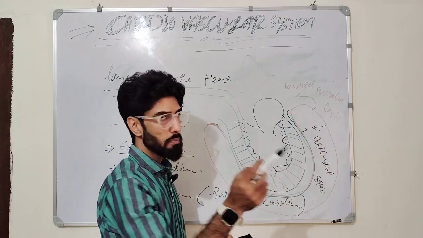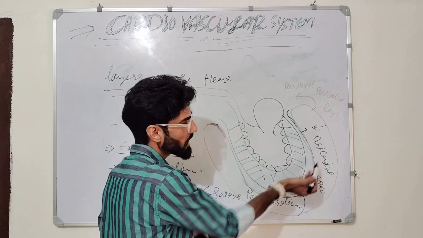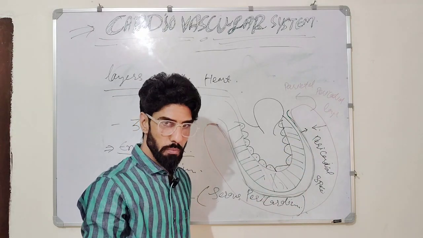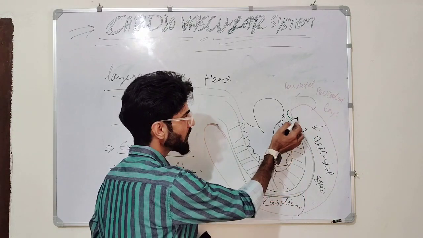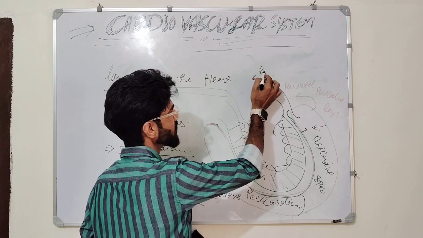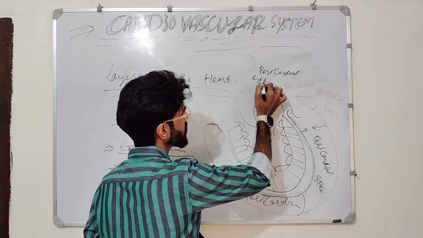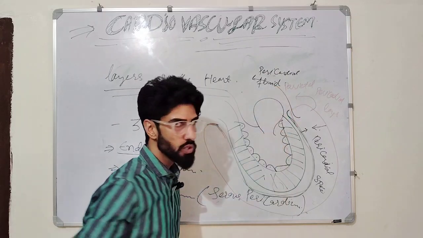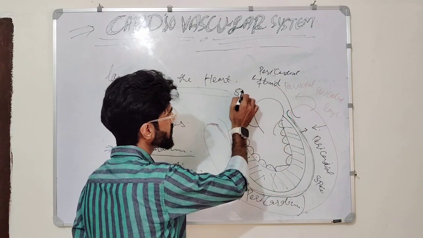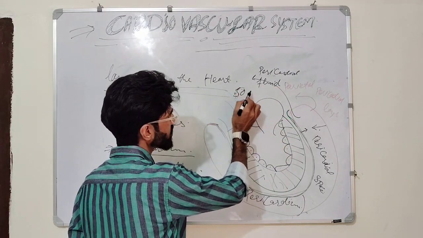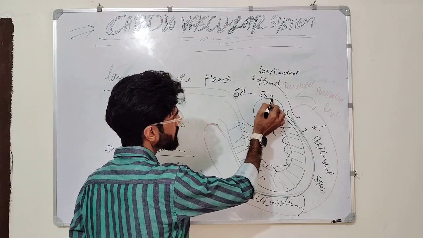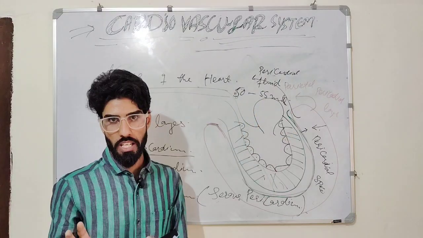Normally there is fluid present in the pericardial space. That fluid is called pericardial fluid, which is normally present around 50 to 55 ml. Everybody has understood?